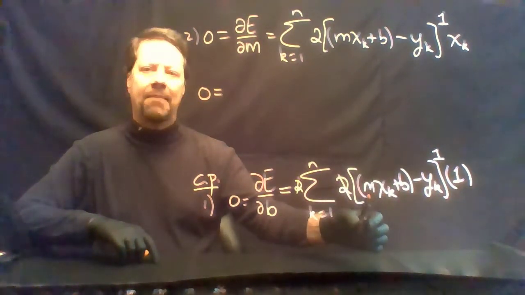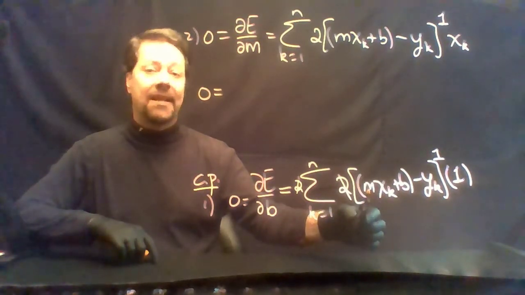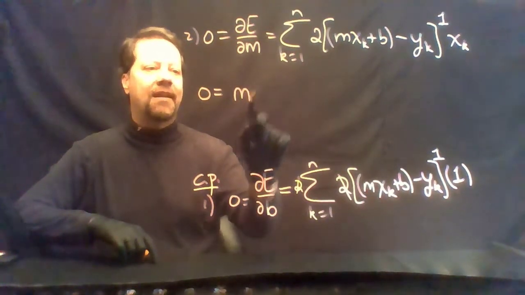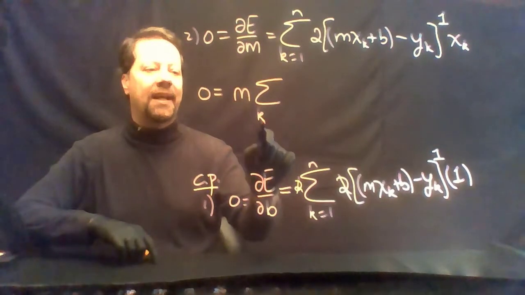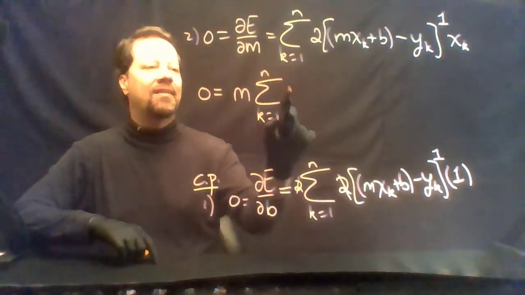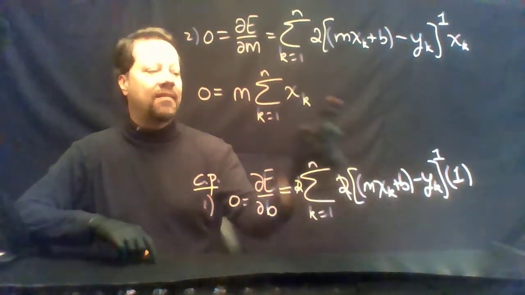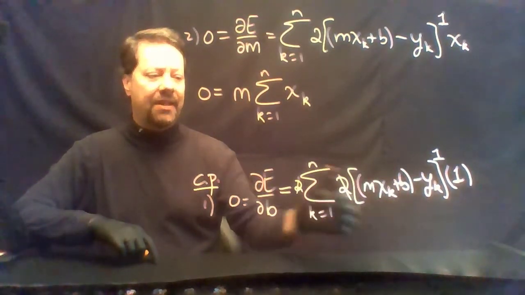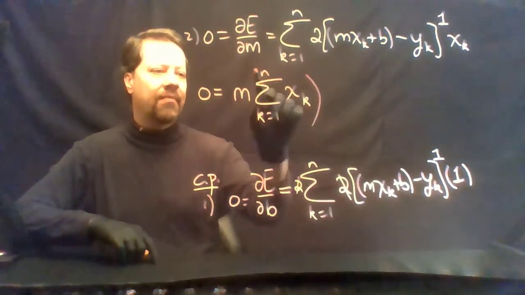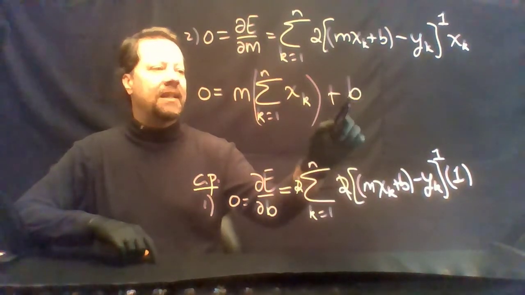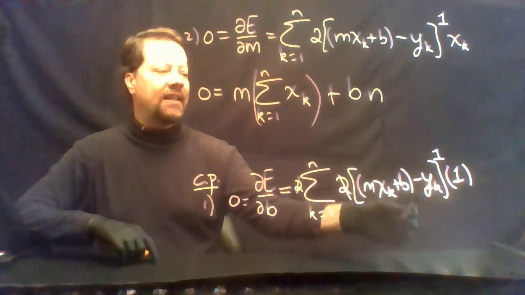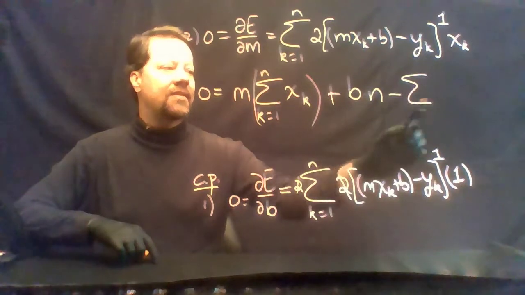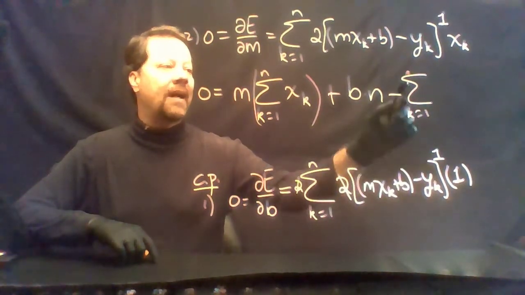If we add up m times xk's, the m's are all constants that can be factored out of the sum since they don't depend upon k. We'll have the sum of the xk's. When we add b to itself n times, we get b times n. And then we get minus the sum of the y's.